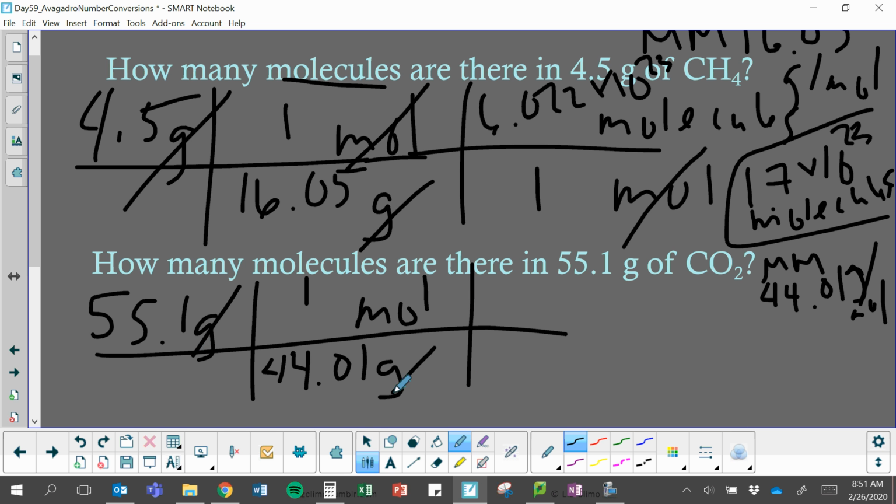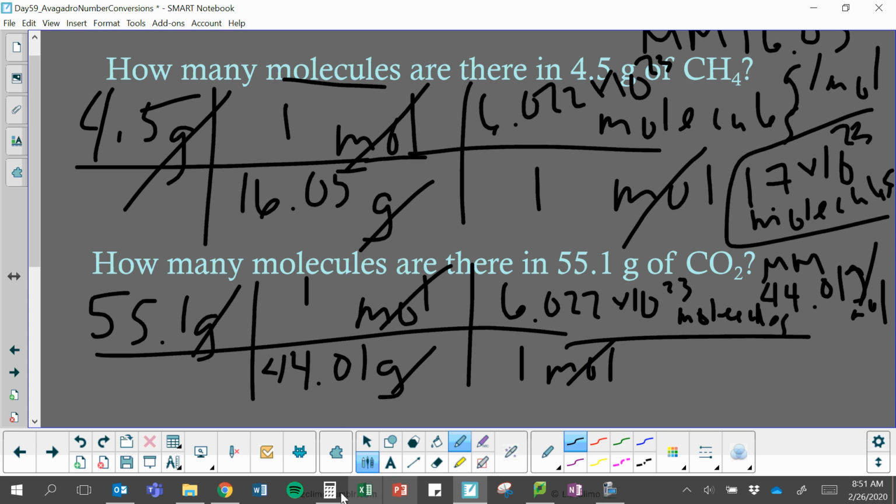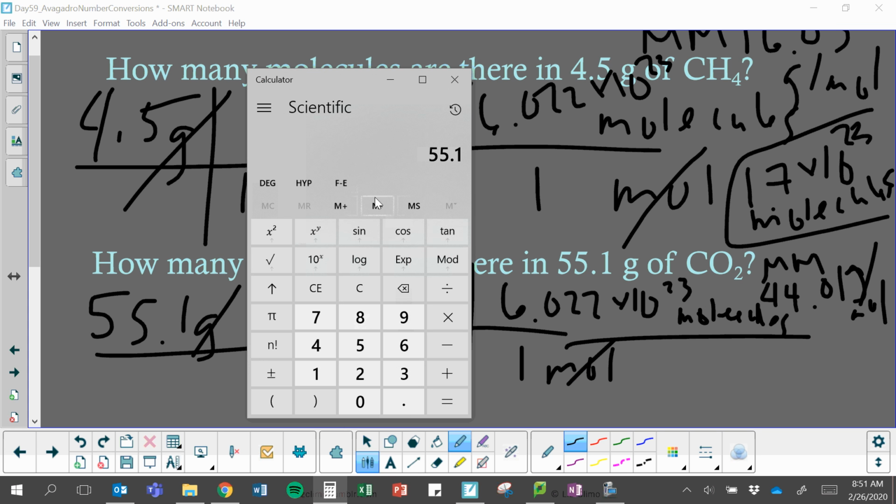Our grams cancel. We have 1 mole in 6.022 times 10 to the 23rd molecules. Our moles cancel. We'll put this in our calculator. And this time we have 3 significant figures.